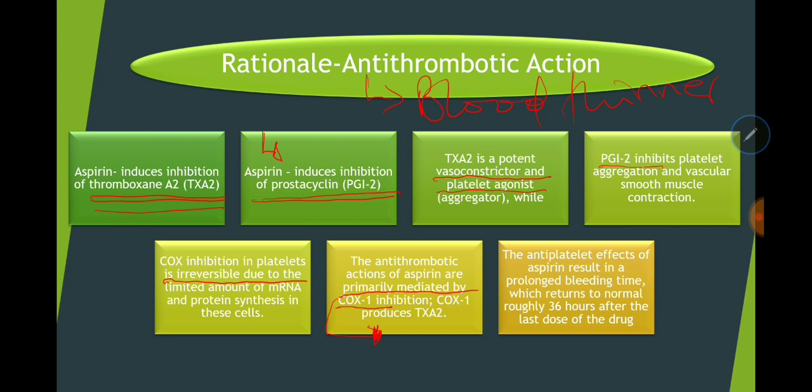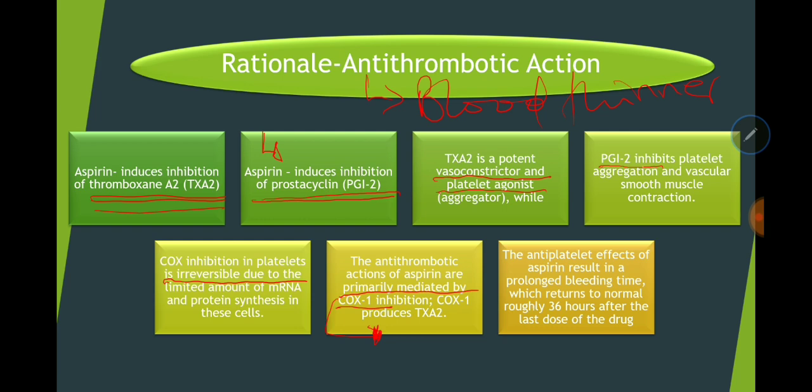The COX enzyme usually produces thromboxane, and thromboxane, as we mentioned, enhances platelet aggregation, which causes blood to clot.